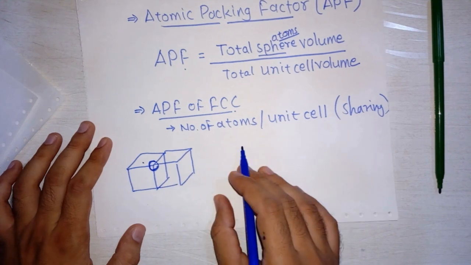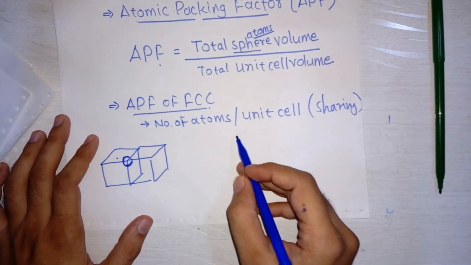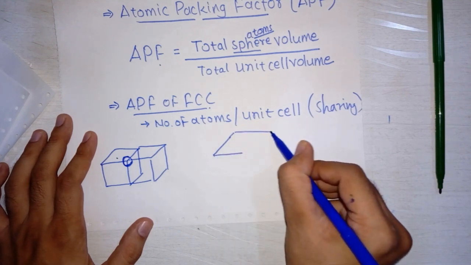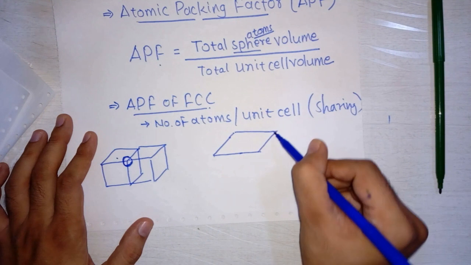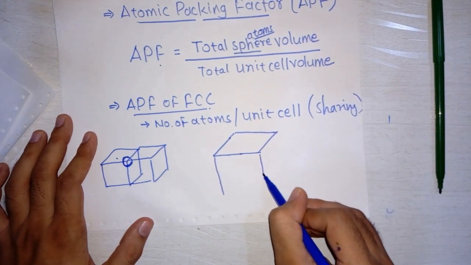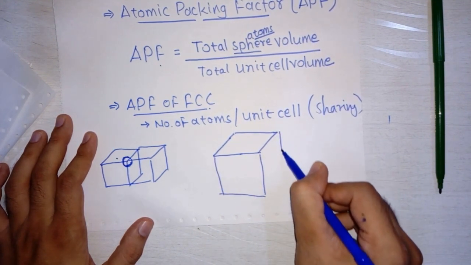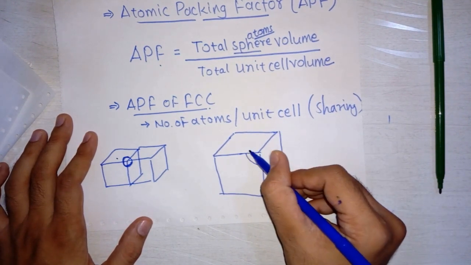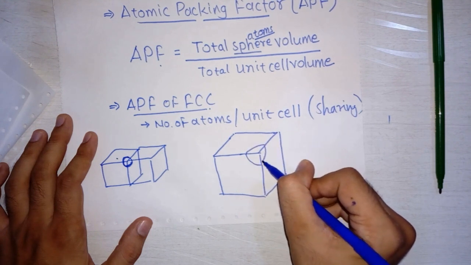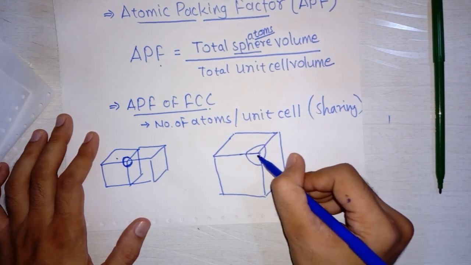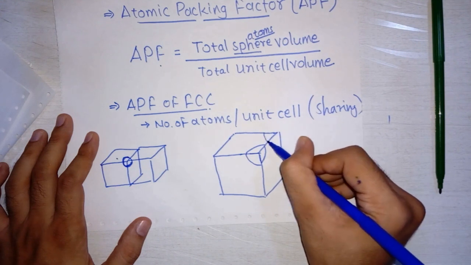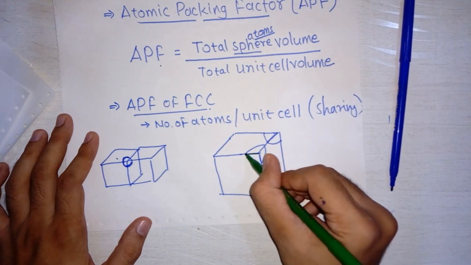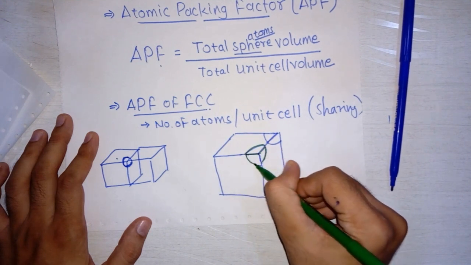Now how is it 4? So let me draw an FCC unit cell by considering sharing of atoms. We will have a corner atom over here like this. I will explain why it is like this. We'll have one more corner atom like this. Let me draw it with a different color so that we can have better representation.